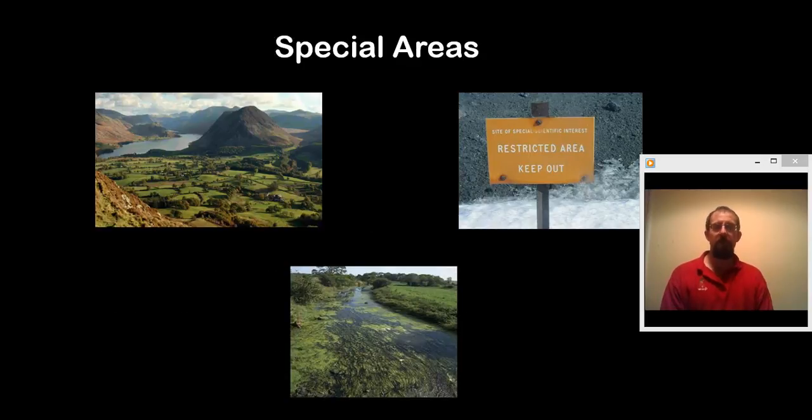So there are different special areas that we set aside for conservation and preservation. The example you can see is a national park. It's the Brecon Beacons in the middle of Wales. The public aren't necessarily prevented from entering these areas. You can go for walks or drive up to the Brecon Beacons, and there are car roads that run through there.